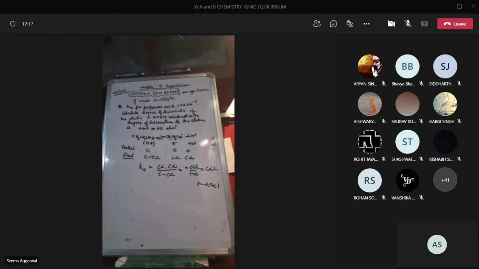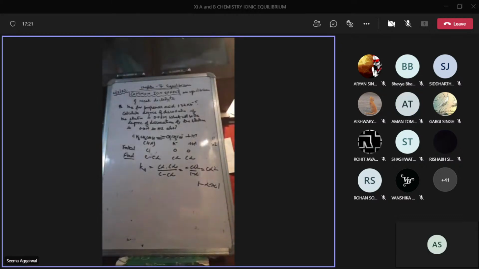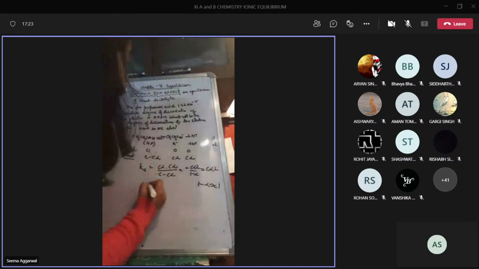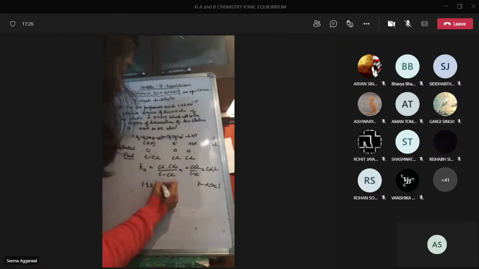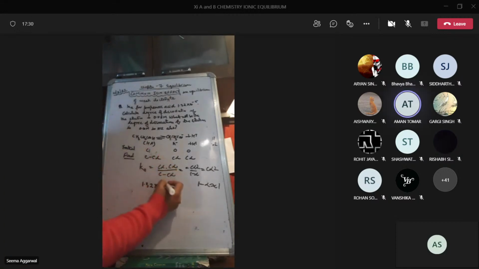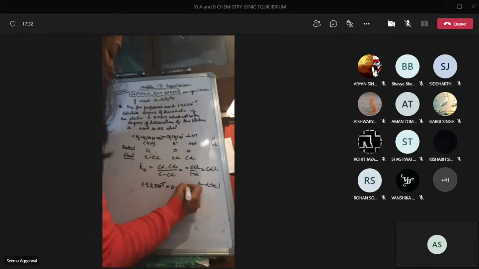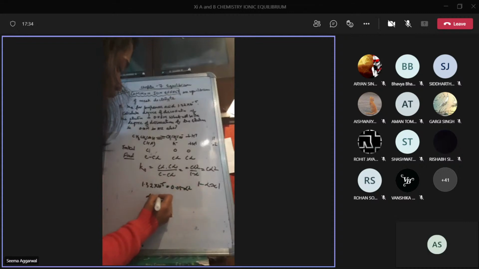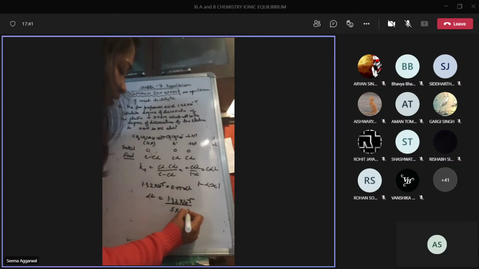Now it comes to 1.6 into 10 to the power minus 2. So alpha square is equal to 1.32 into 10 to the power minus 5. This I am writing as 5 into 10 to the power minus 2.